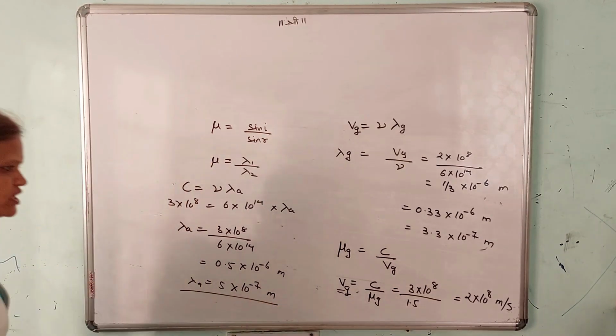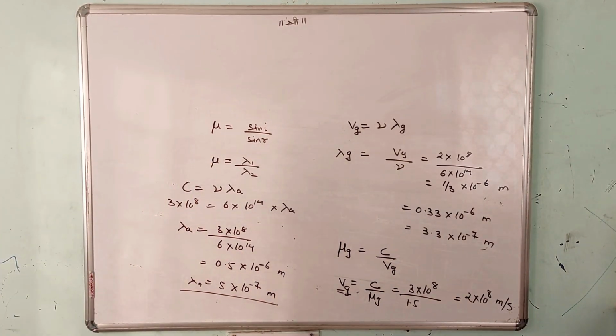This is the wavelength of light in air. So we got the wavelength of light in glass, the speed of light in glass, and the wavelength of light in air.